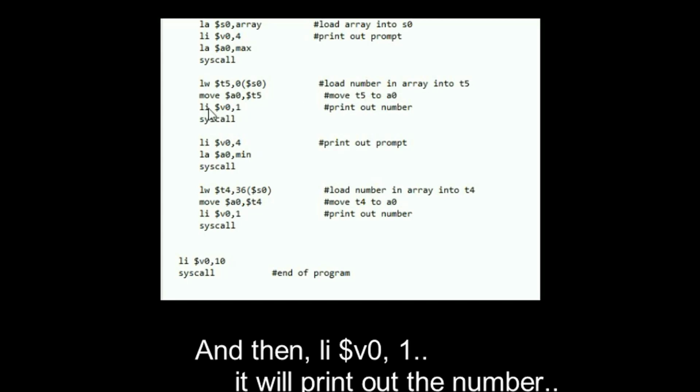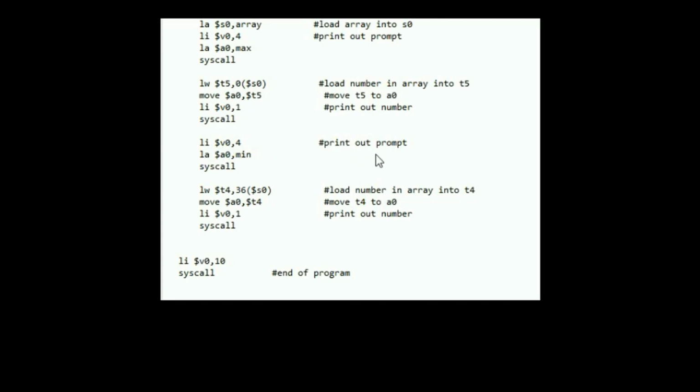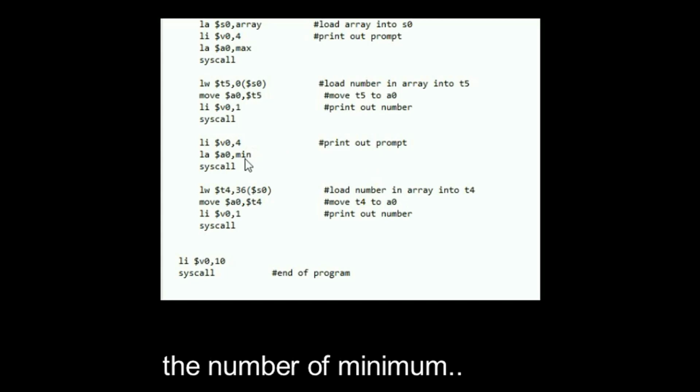And then for LI $V0 1, it will print out the number. And then LI $V0 4, it will print out the minimum label.